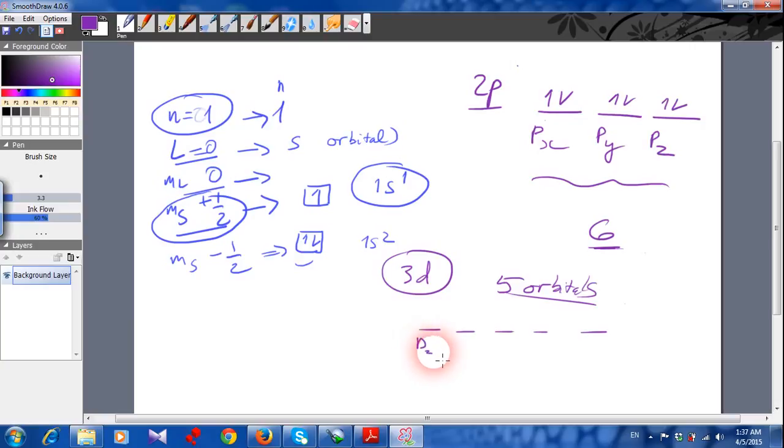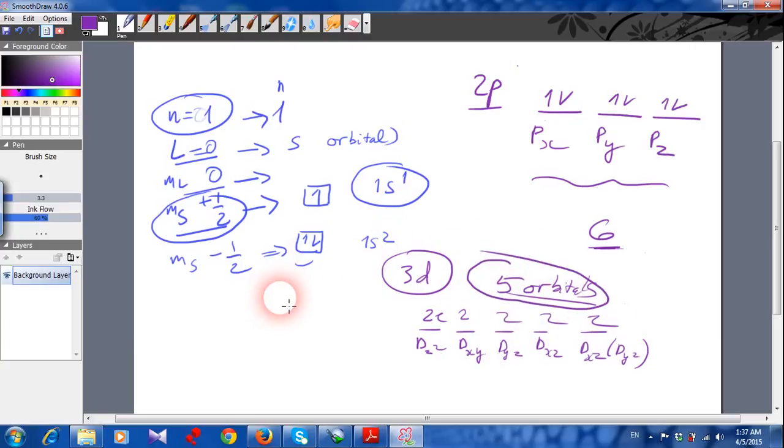They are d z squared, d xy, d yz, d xz, and d x squared minus y squared. Each orbital has 2 electrons, 2, 2, 2, 2. So the answer will be 5 orbitals.